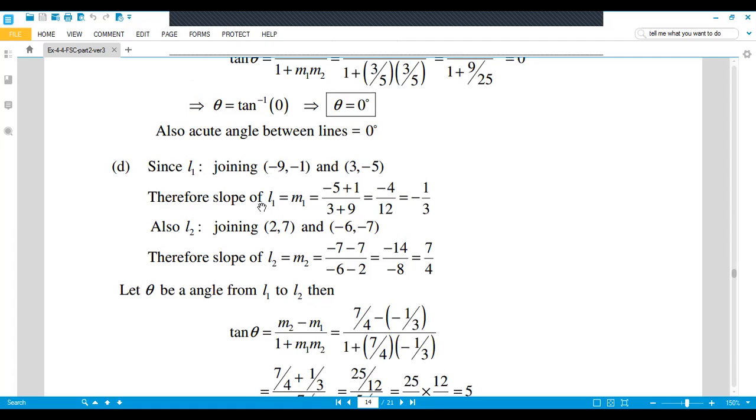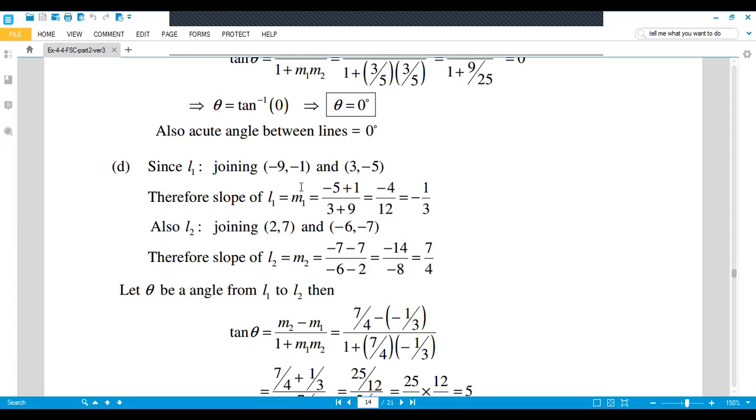When we find the slope, you know that when you are given 2 points, for the slope you will use the 2-point form. The 2-point form is y2 minus y1 divided by x2 minus x1.